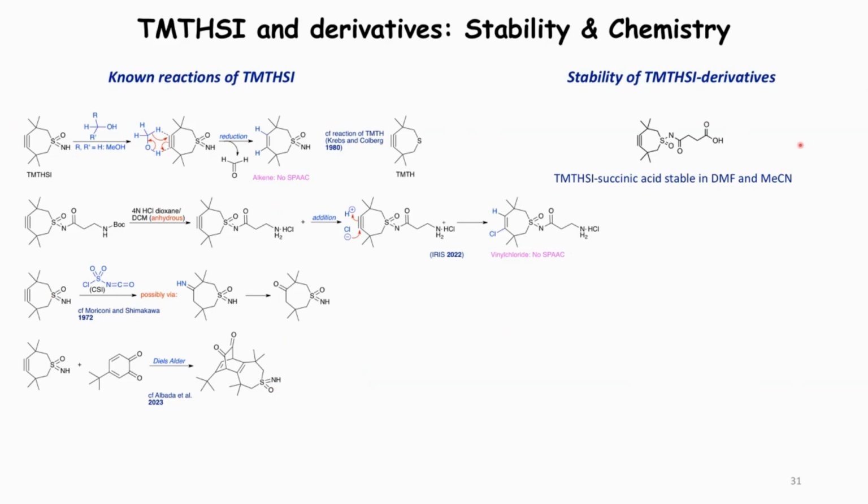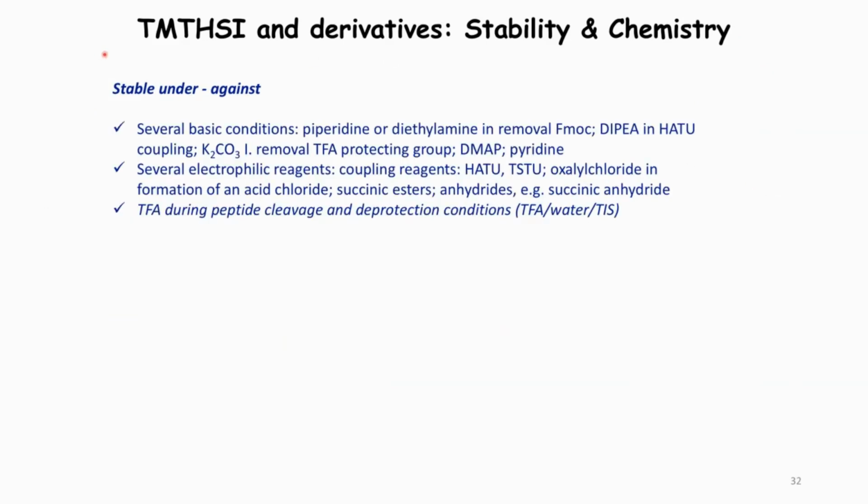Now, what was found also by IRIS, that this particular compound, which is used a lot in the preparation of all kinds of derivatives containing TMTHSI, is stable in DMF and acetonitrile. And I want to move to the other chemistry and stability.